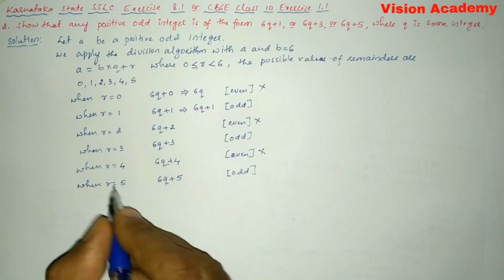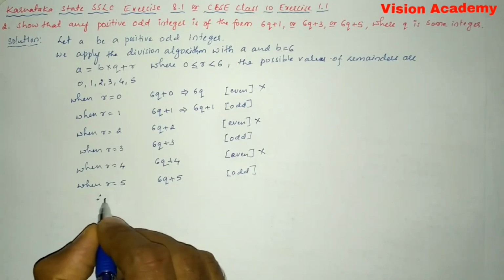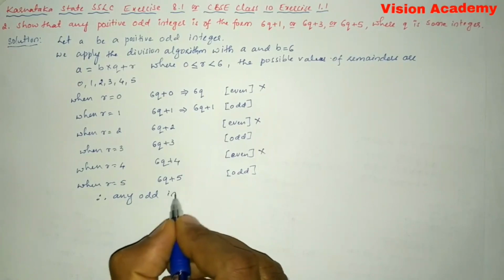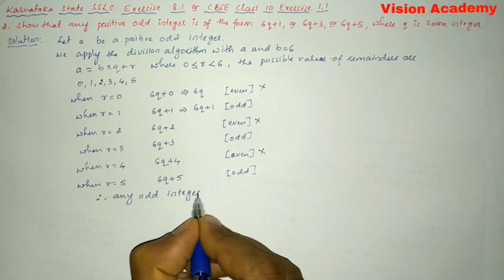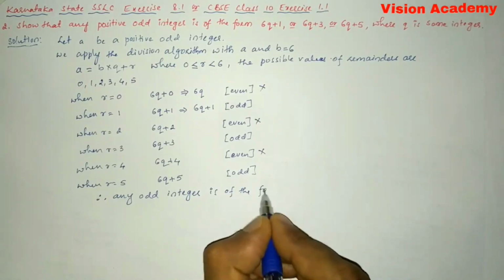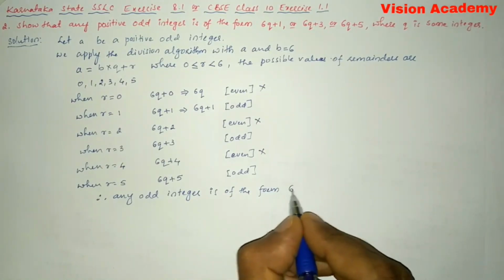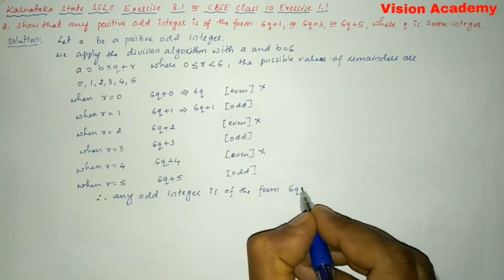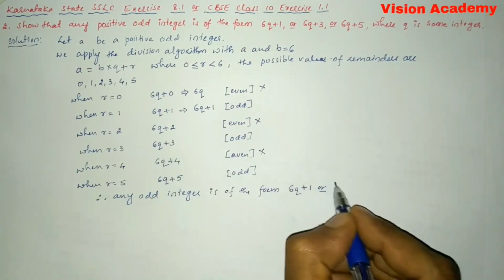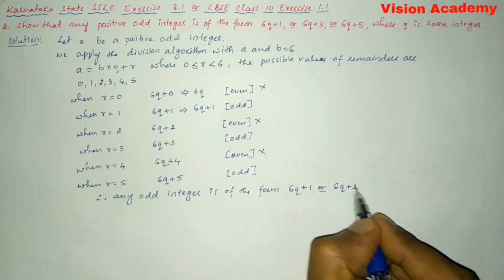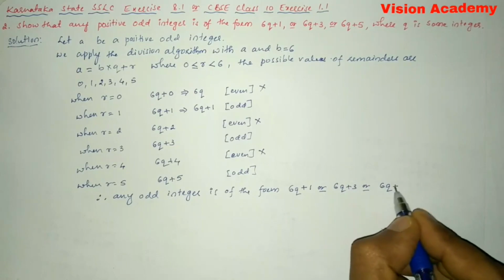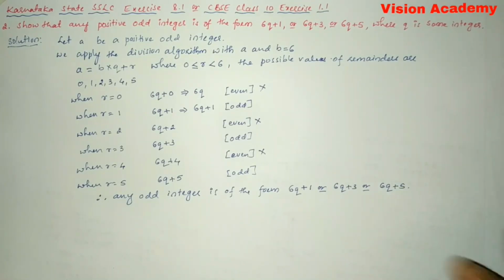Therefore any odd integer is of the form 6q plus 1, or it can be 6q plus 3, or it can be 6q plus 5.